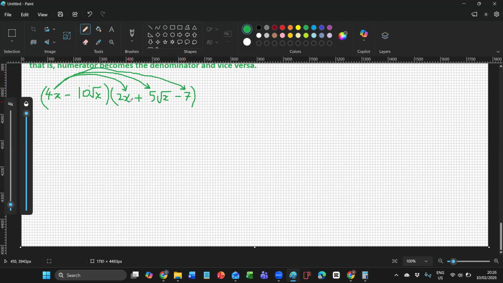And then, of course, don't forget minus 10 surd x, so we multiply this and multiply this. Okay, so let's see how that looks. So 4x times 2x is going to be what? 8x squared.